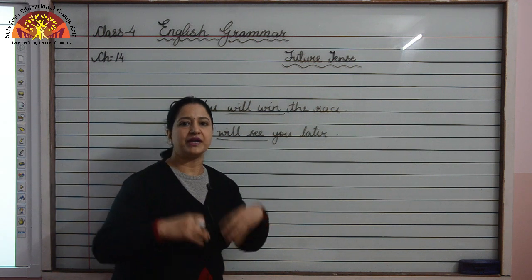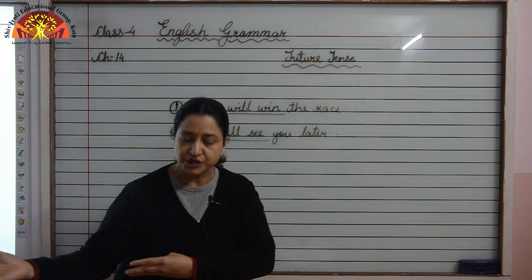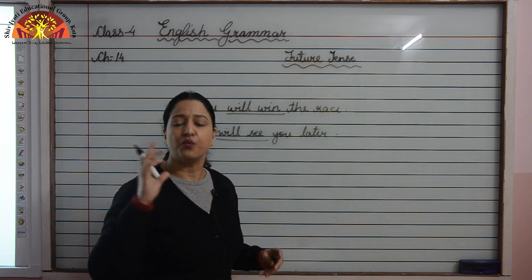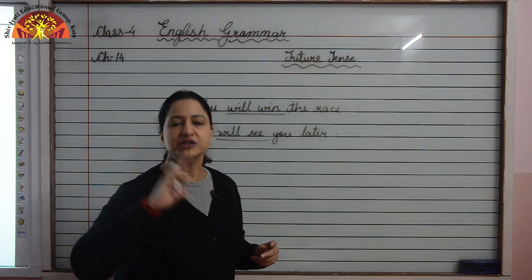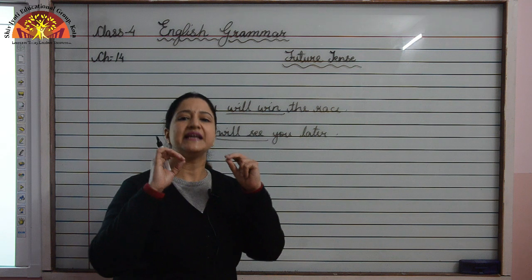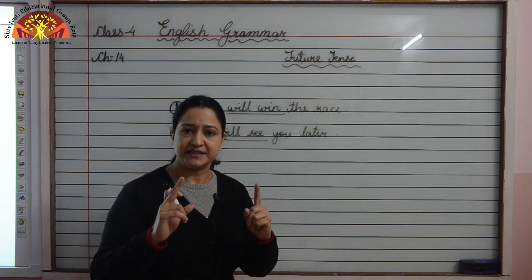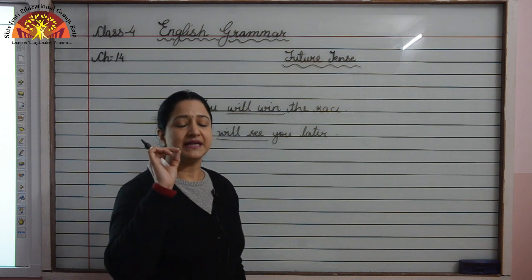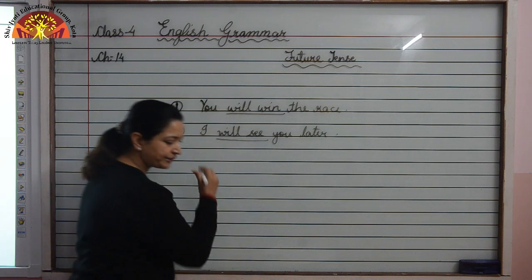So we are talking about near future, we are talking about future tense. Okay, so whenever there is will with first form of verb in the sentence, it is very clear that it is future tense.